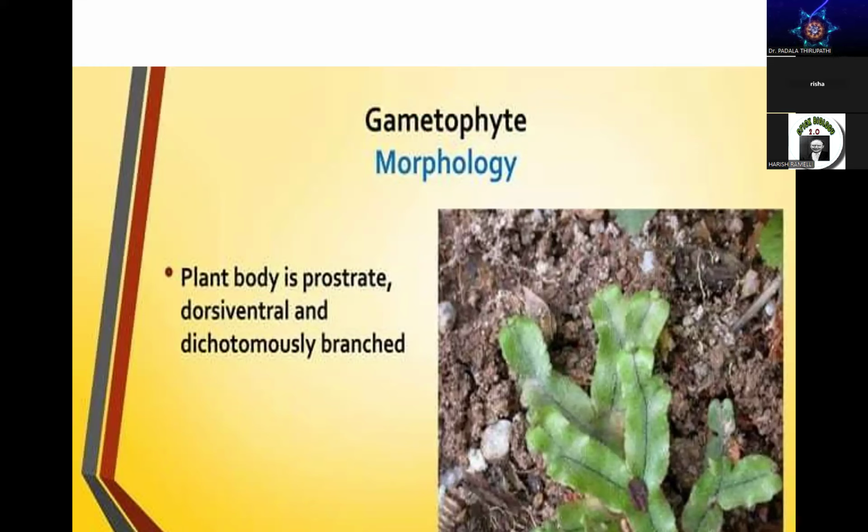Next is the plant body, that is the habit or the structure. As you know, the bryophyte's plant body is a gametophyte. Gametophyte will produce the gametes in the gametangia. It is always haploid. Here on the right-hand side, you are seeing the plant body of Marchantia.